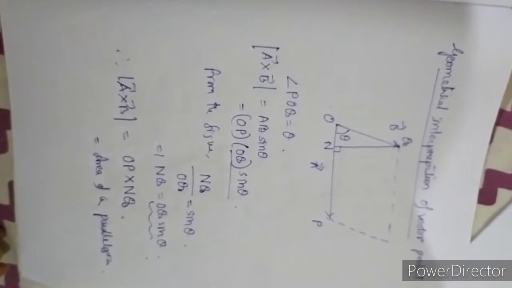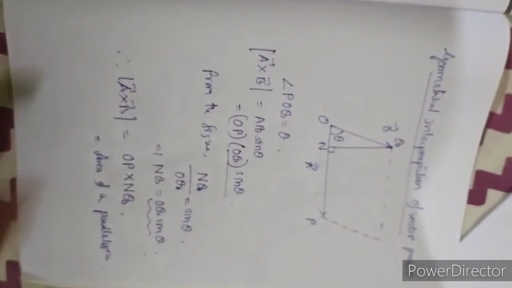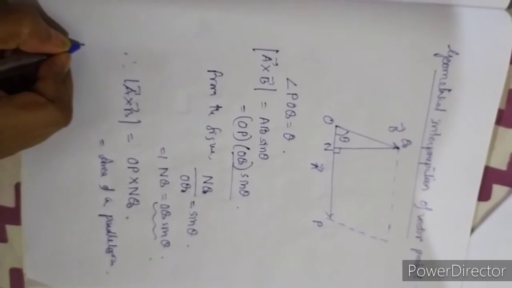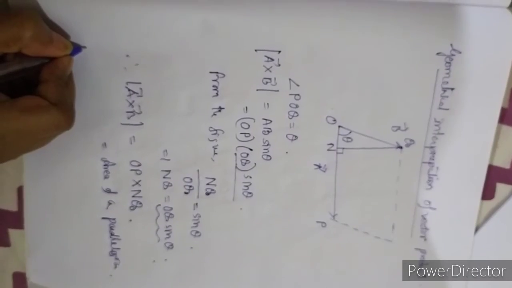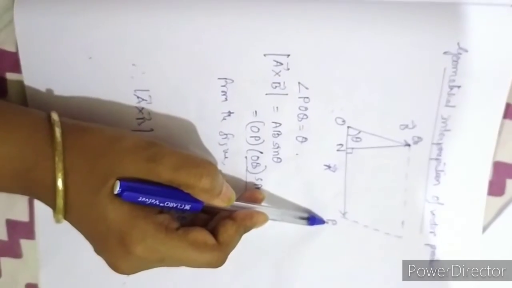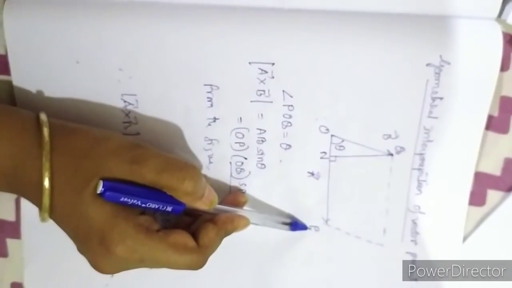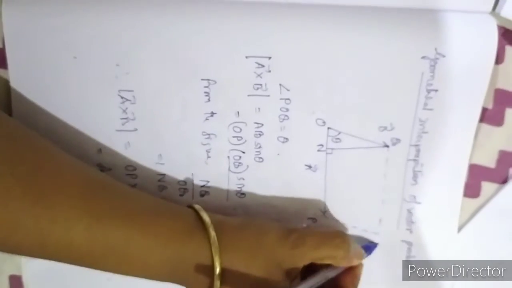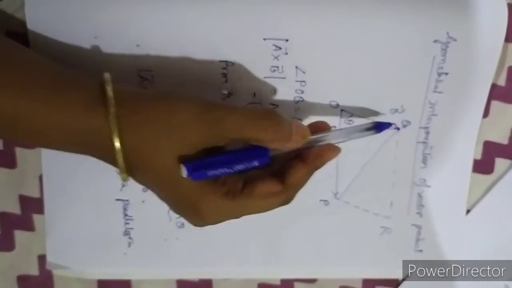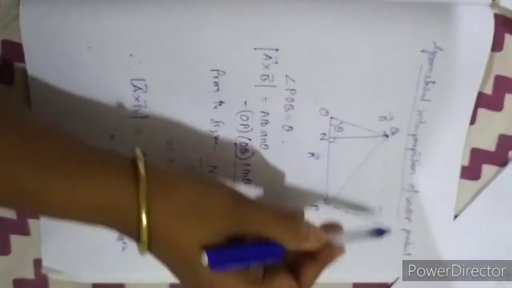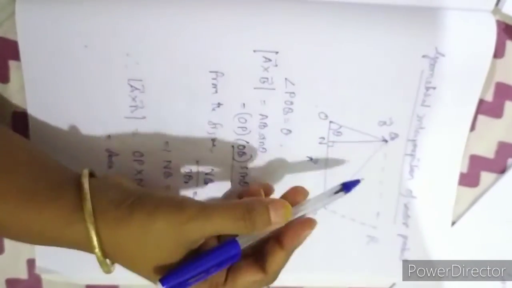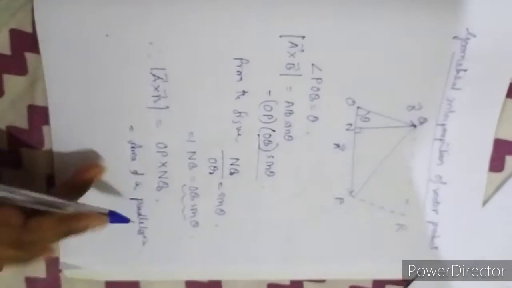Now, from the same figure, let us take the triangle QOP, where this is Q, this is O, this is P, and QPR, where this is my R. Let us join these two lines. So we have two triangles here, QOP and QRP. These are the two halves of the parallelogram.